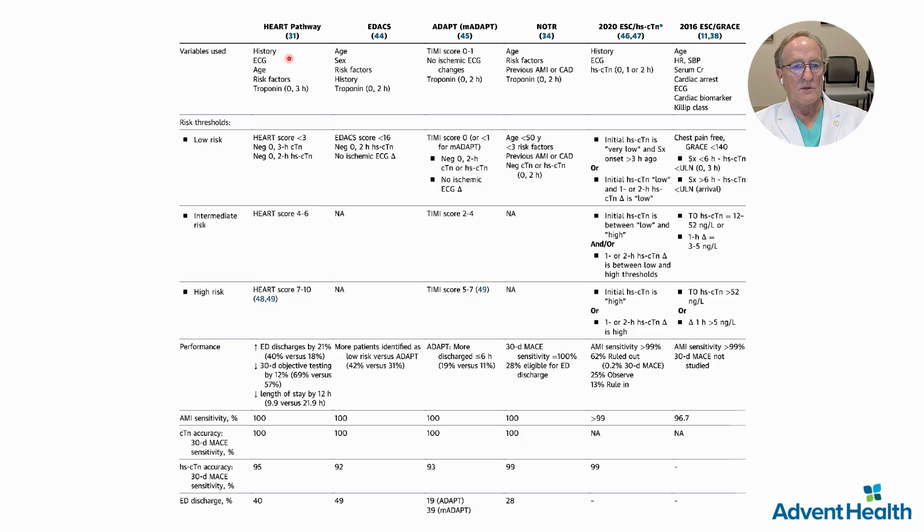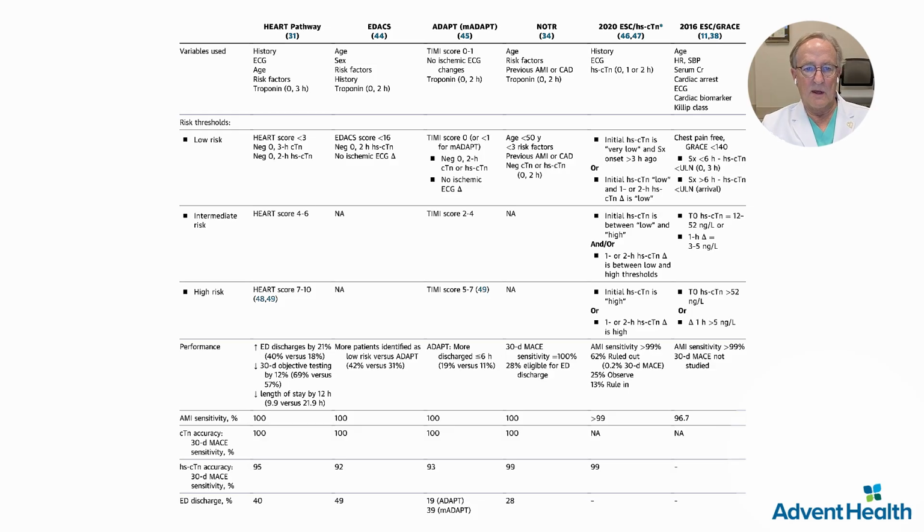The HEART score uses history, electrocardiography, age, risk factors, and troponin at 0 and 3 hours to put people in low risk or intermediate risk or high risk. It has great sensitivity and specificity, leads to safe discharge in about 40% of patients.